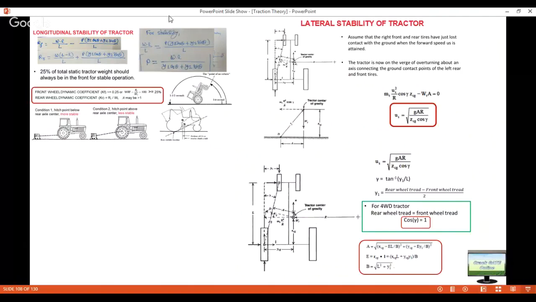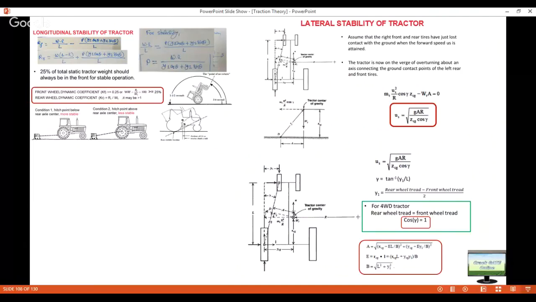So all these things: your lower link length, your lower link location with respect to horizontal or with respect to the ground, your hitch point height, your location of the hitch point, your wheelbase, your static weight distribution, your dynamic weight distribution, everything will ultimately affect your stability as well as your tractive efficiency, or the pull which is being generated by your tractor, and at the same time your specific fuel consumption.